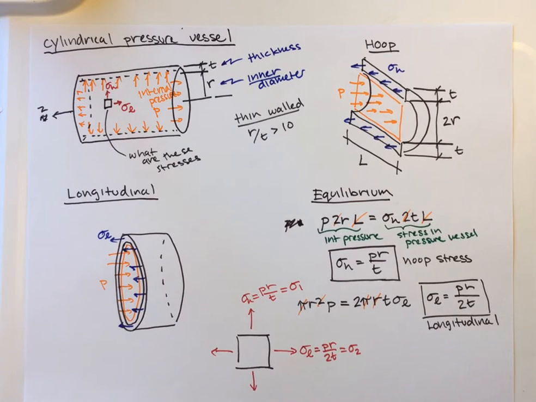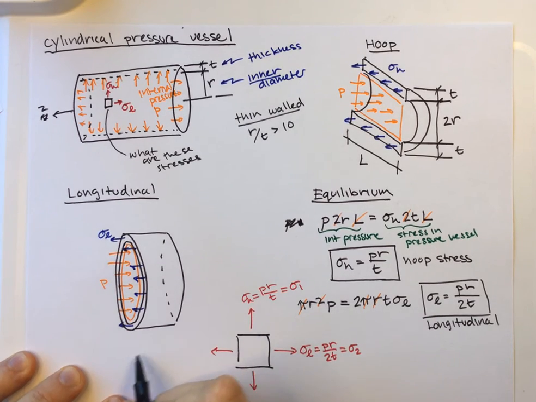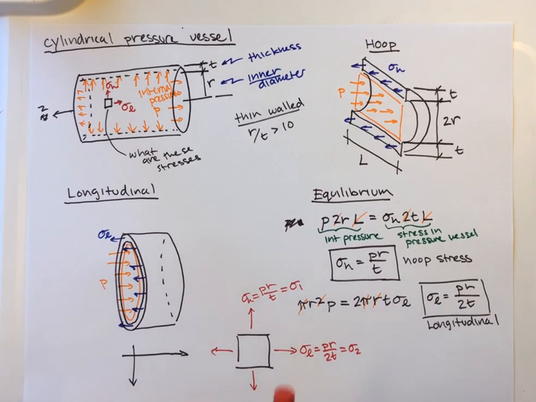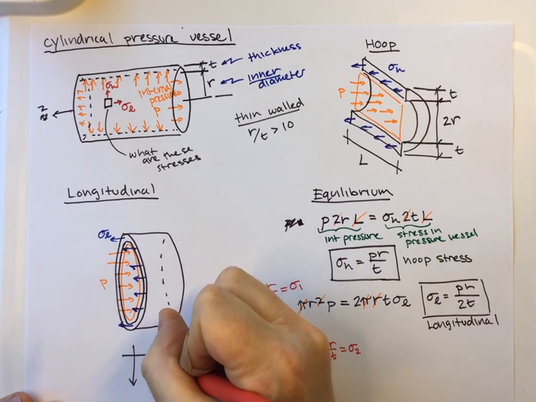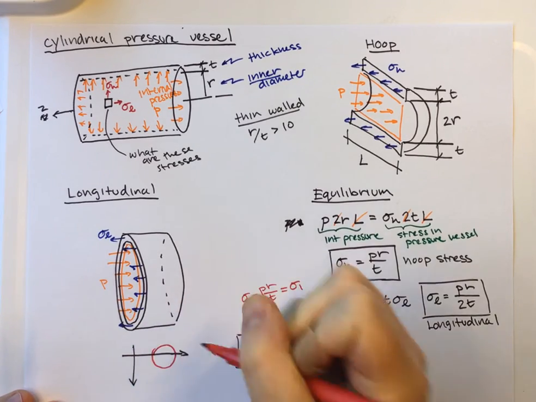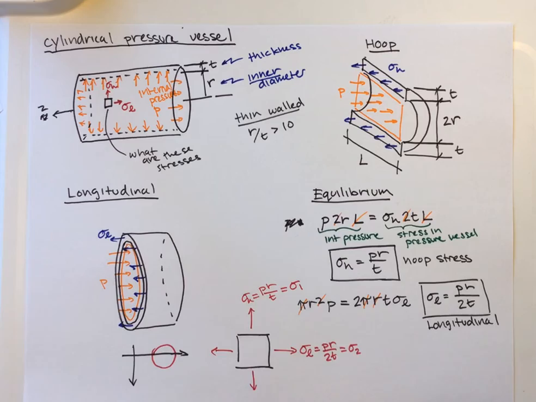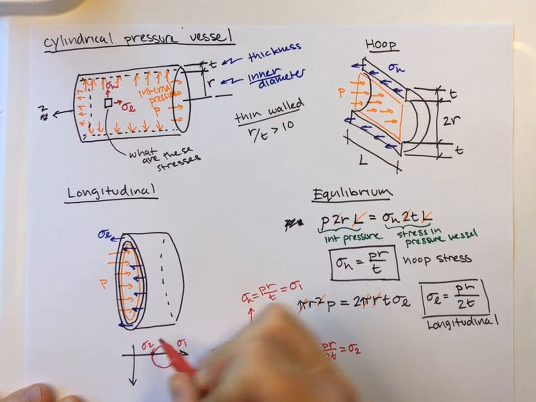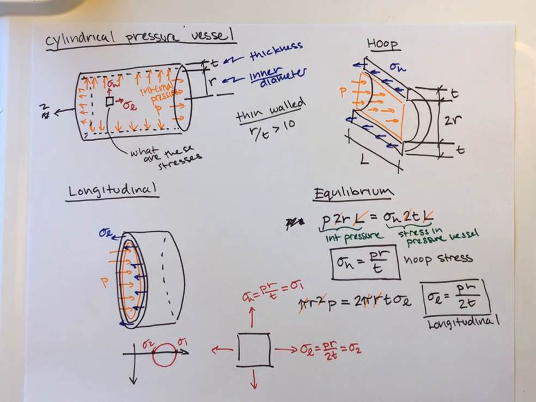To go back to our 2D picture, if we were to draw that in 2D, our Mohr's circle diagram would look something like that. This would be sigma 1 here, and this would be sigma 2 here.